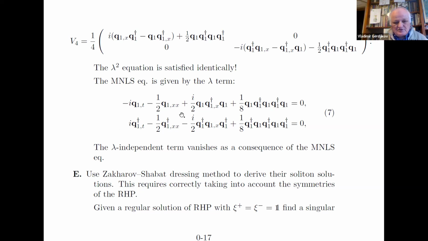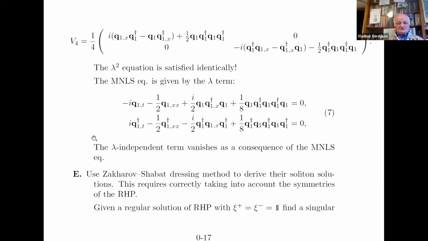You see, we have quadratic pencils for L, and therefore we have nonlinear Schrödinger equations with derivatives and higher powers, fifth power here in the nonlinearities. And so these are the two equations. One of them is obtained by taking the Hermitian conjugate of the other.